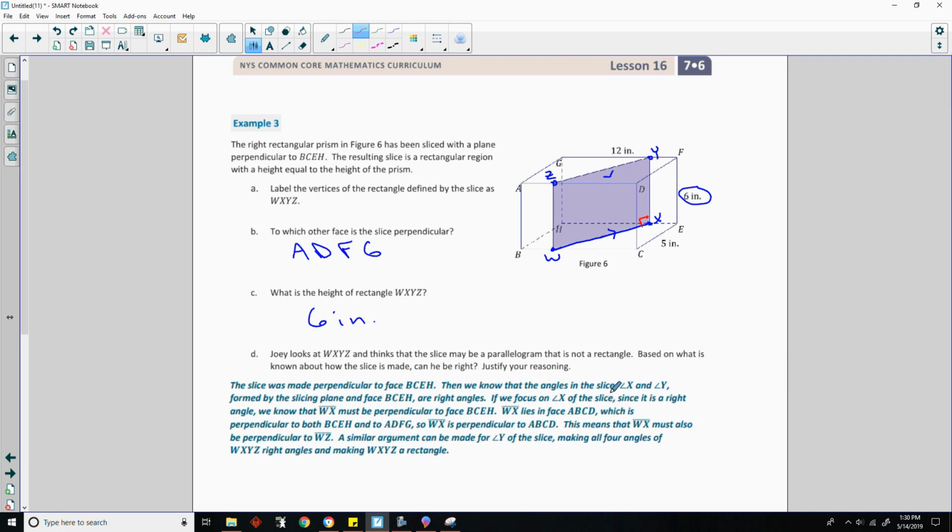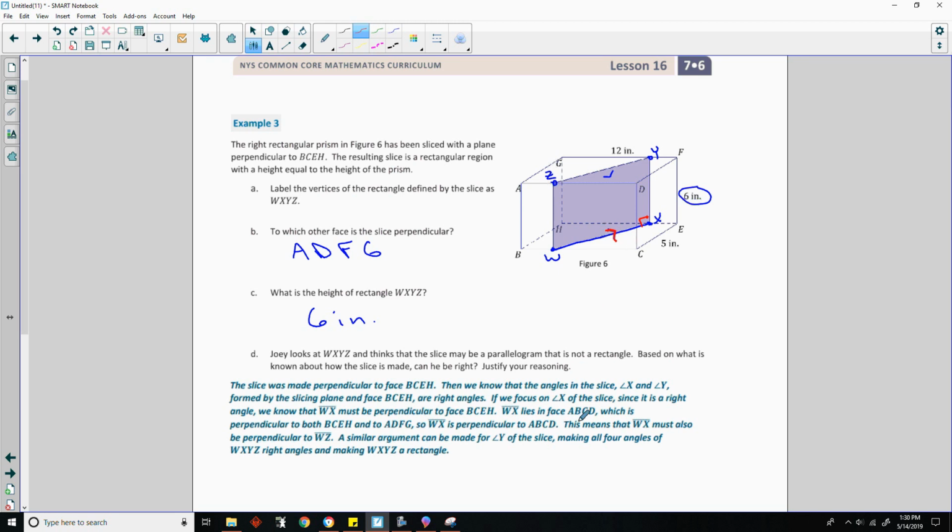If we focus on angle X of the slice, since it is a right angle, we know that WX, this line here, must be perpendicular to the bottom, BCEH.